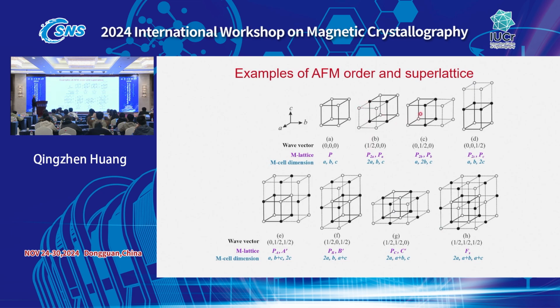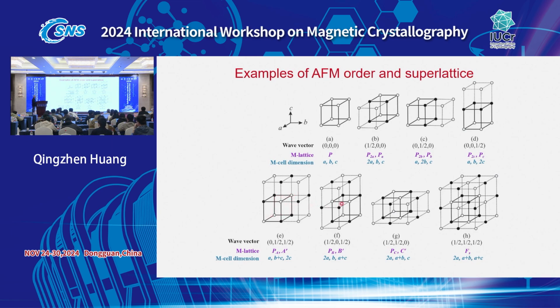The same thing happens if the B direction is antiferro or the C direction is antiferro; then you need to double B or double C. Also, if both B and C are anti-parallel, you need four times the unit cell to build a magnetic unit cell.